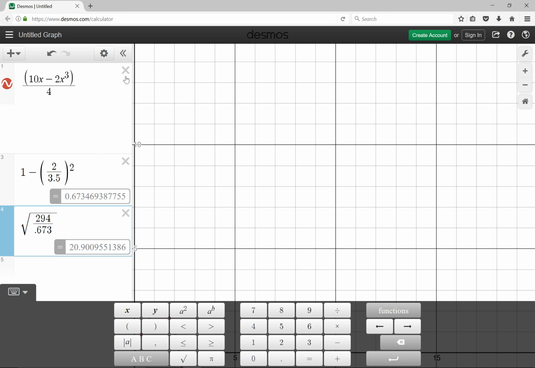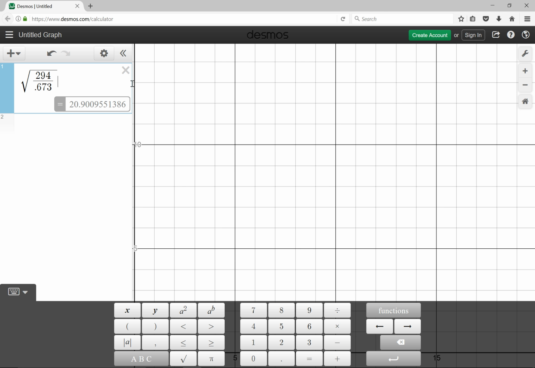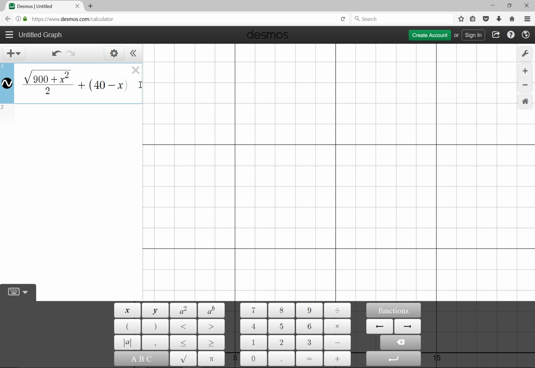Now, so square root 900 plus x squared divide by 2 plus 40 minus x divide by 3.5.